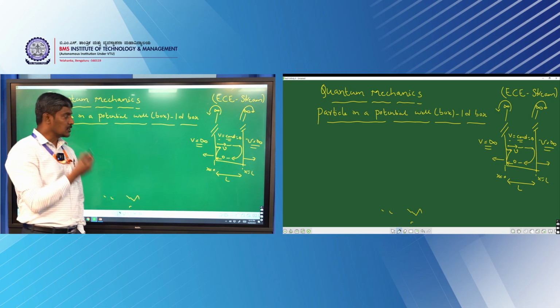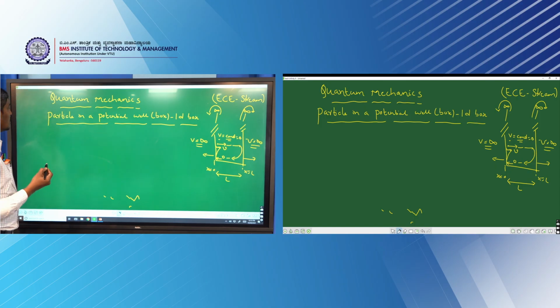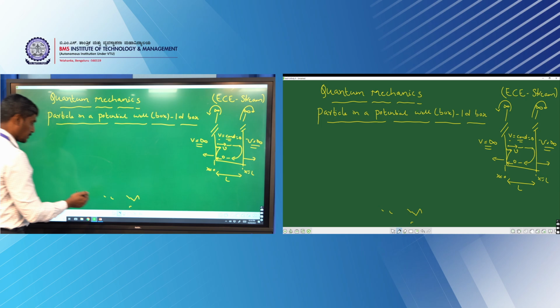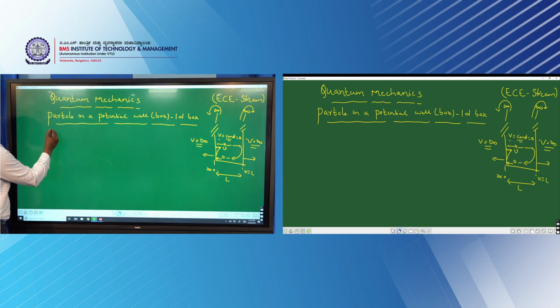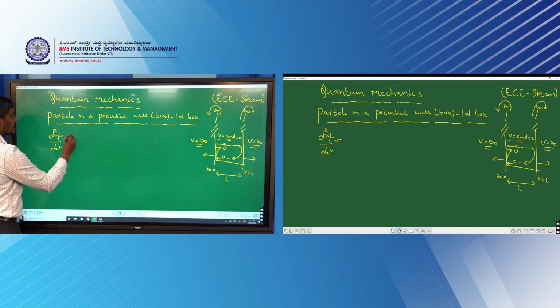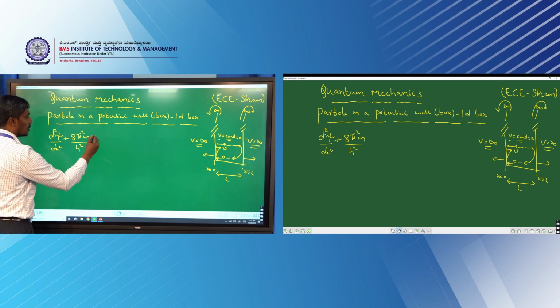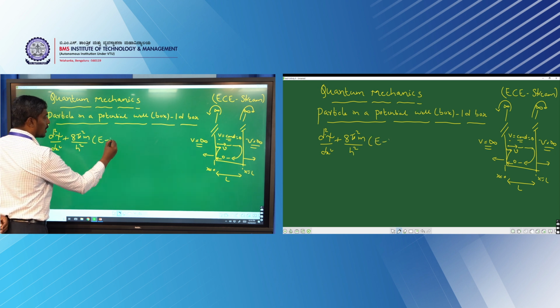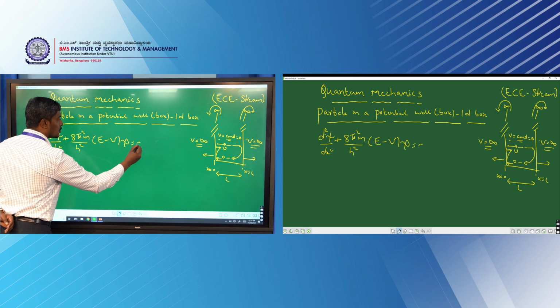Now to this problem we are going to apply the Schrödinger wave equation. I hope you remember it. It is given by d square psi by dx square plus 8 pi square m by h square into (E minus U) into psi is equal to 0.